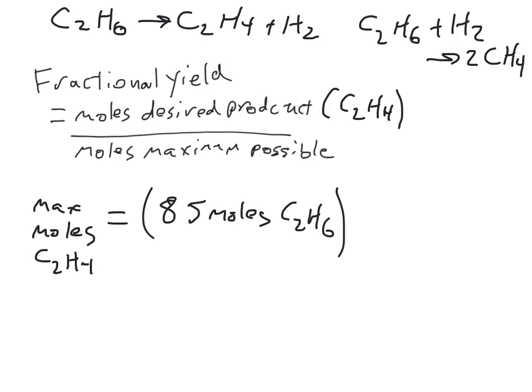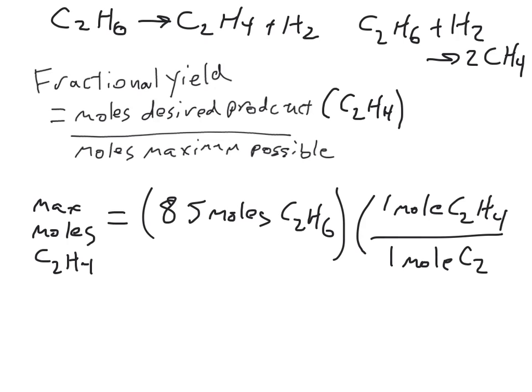That's how much we start with, and we assume that all of the C2H6 converts to C2H4, and if that's the case, then it's 1 mole C2H4 over 1 mole C2H6. Where did I get that? I got that from the stoichiometric ratio from the equation here. 1 mole of C2H4 is produced per mole of C2H6, and that means that the maximum number of moles of C2H4 is 85 moles.